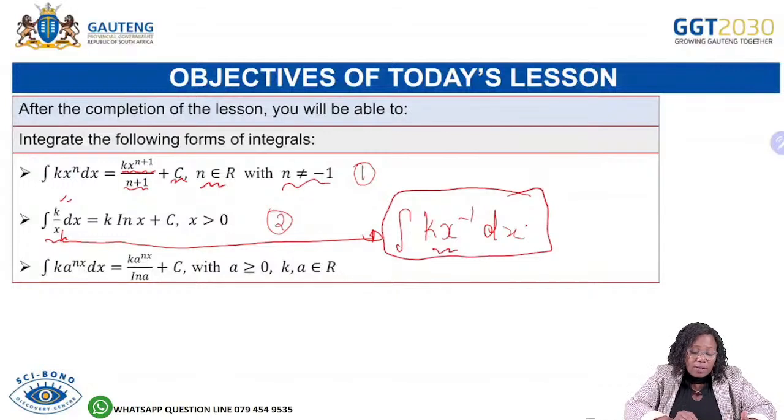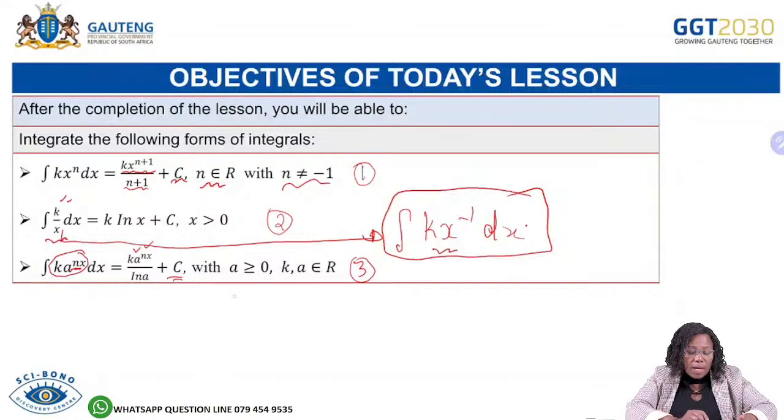The third rule: if you are integrating k a to the power x, can you see that x is an exponent there in terms of x? Then you are going to have exactly what you have on top as your answer, and below you'll have the ln of a. Do not forget plus c to show that you have now integrated.